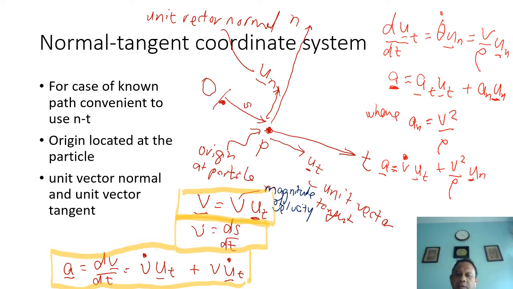So that is the representation of motion in terms of the normal and tangential coordinate system. That's the basic way of representing the motion in the normal and tangential coordinate system.